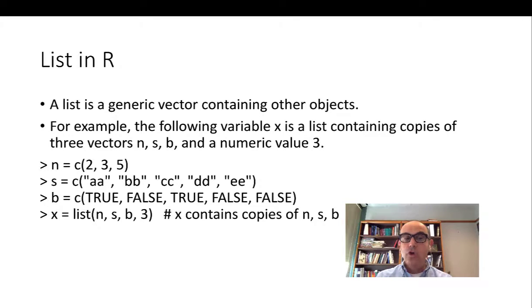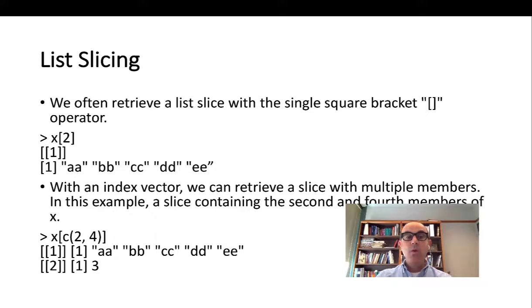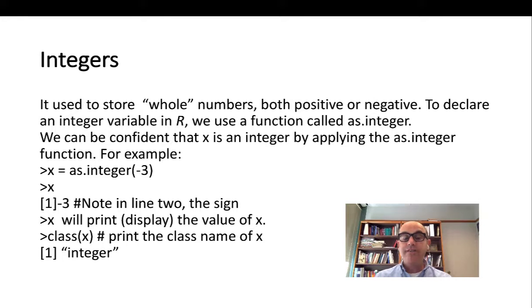But we also have b, which is true or false. And if we combine them together and apply list, it will list all those components, all those vectors, into a place where we're going to display them in square brackets, and we'll be able to see what those listed are in order for us to declare them.